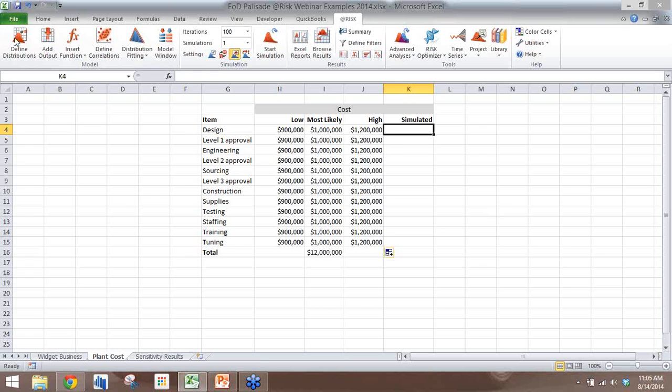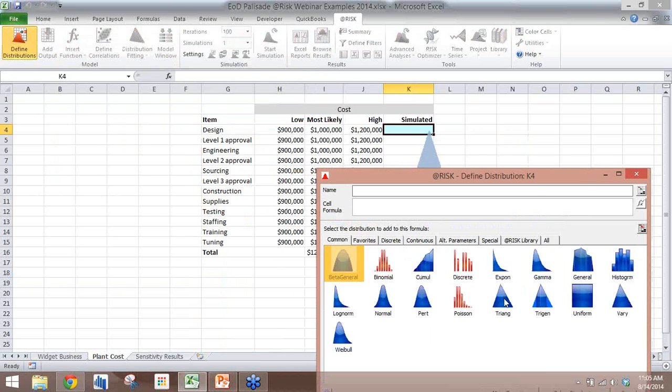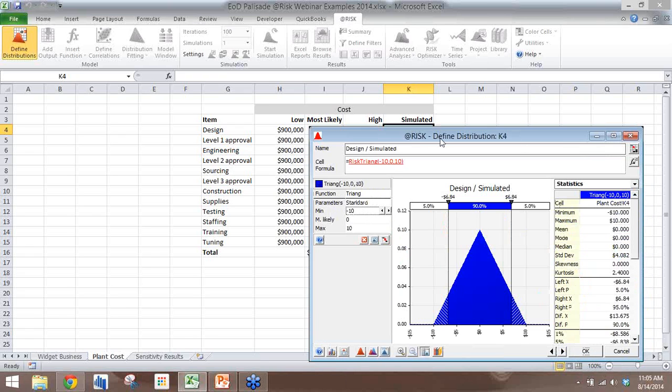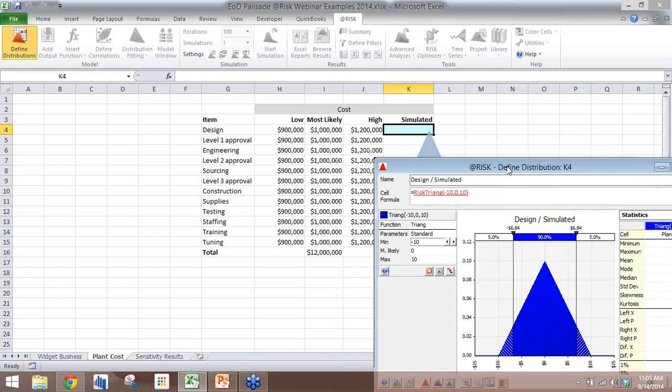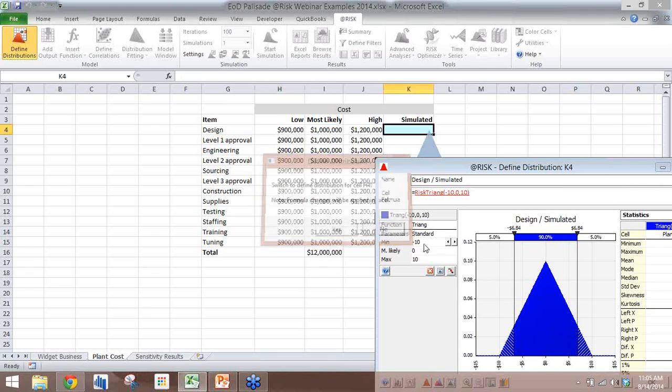And so I'm going to, again, go back to my defined distribution. I'm going to select triangular distribution. I'm going to specify that. Oops, bear with me a second.